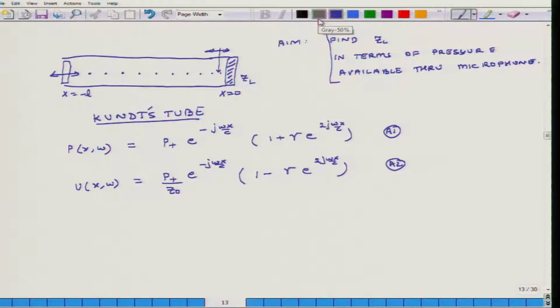The other thing was that we had defined gamma as the ratio of P minus over P plus, and we had also shown that ZL can be written in terms of gamma using this relation.